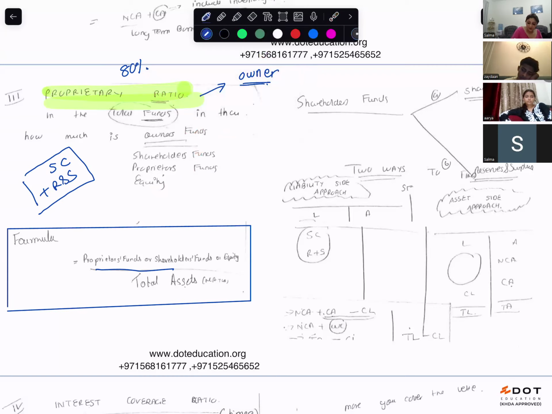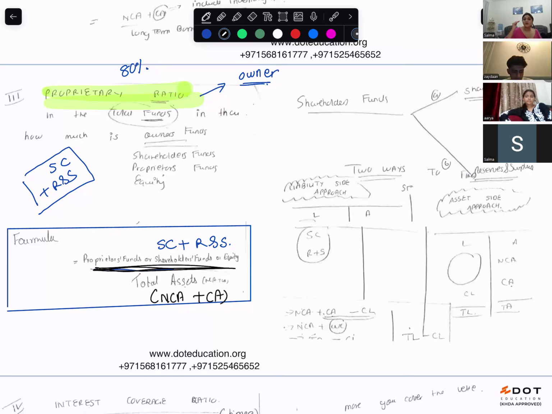Owners funds means share capital plus your reserves and surplus. So the formula for proprietary ratio is shareholder funds divided by your total assets. When I talk about total assets, it means your non-current assets plus your current assets. Are you with me? Yes.